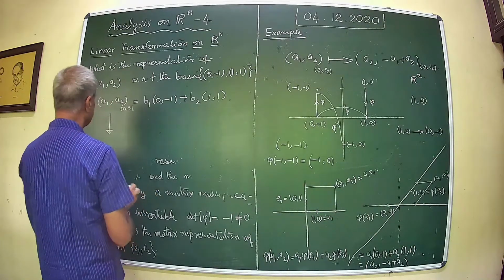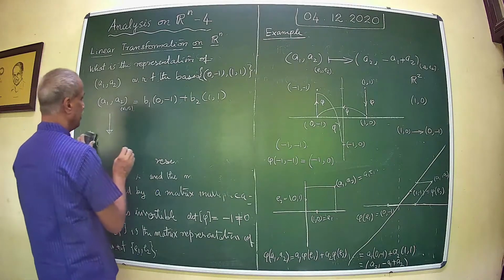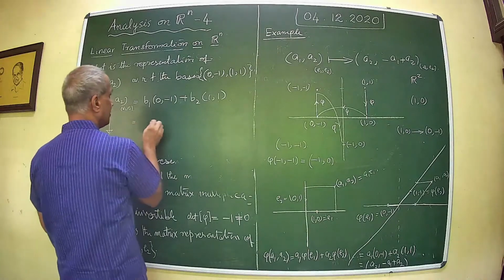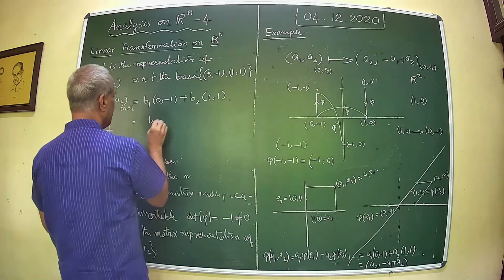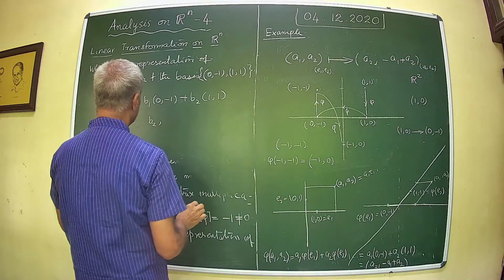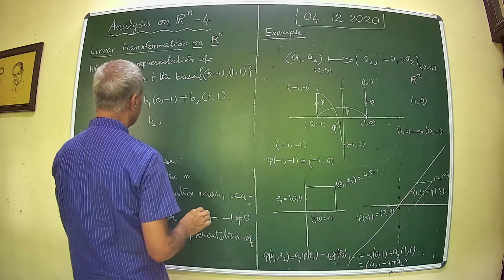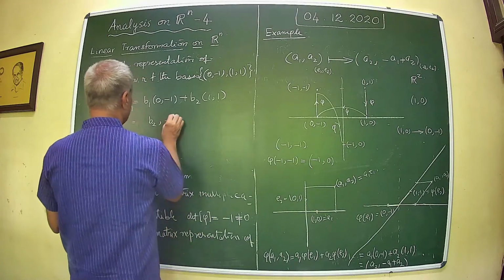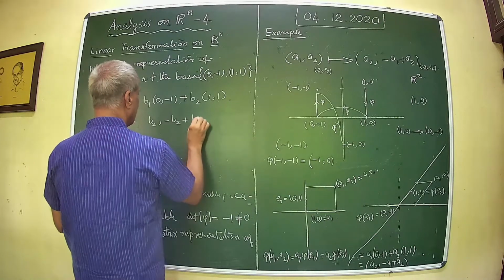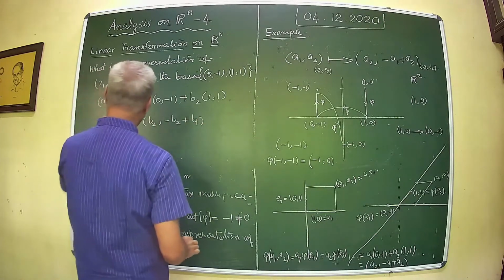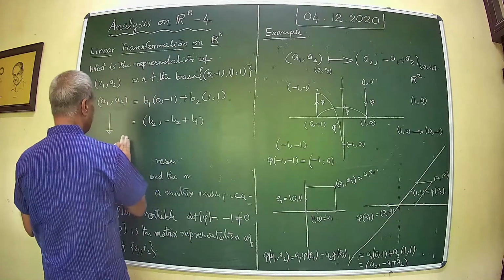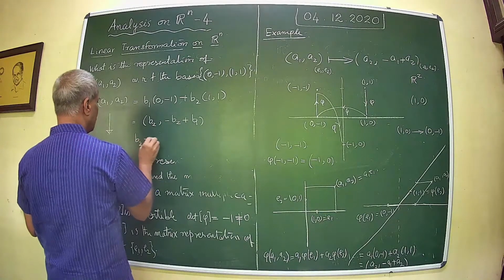So let us connect this. So you want to look at the same thing. So this is equal to B1, B2, and that has to be equal to A1, A2, which would mean that A1, B2 equal to A1.